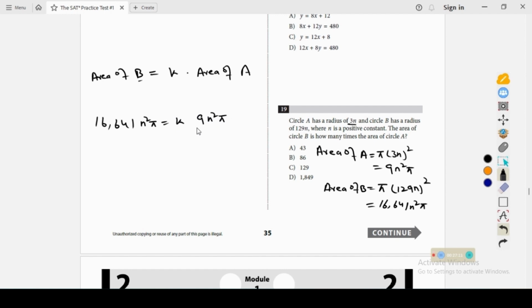To find the value of K, divide by 9 n square pi on both sides.